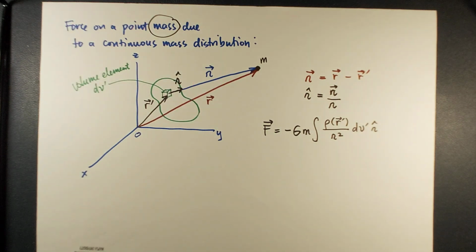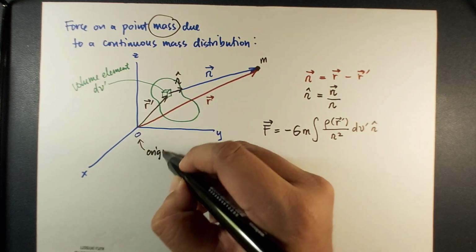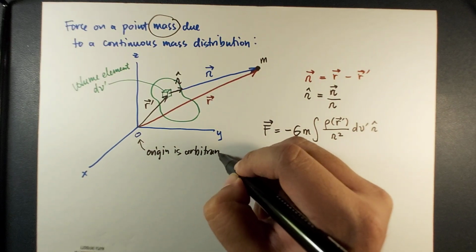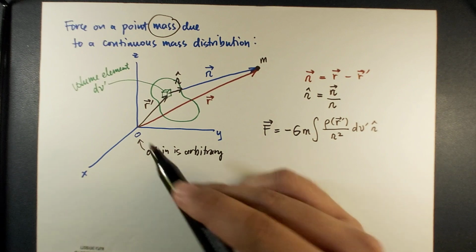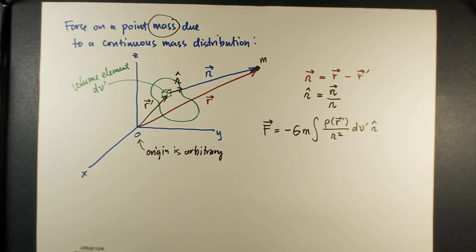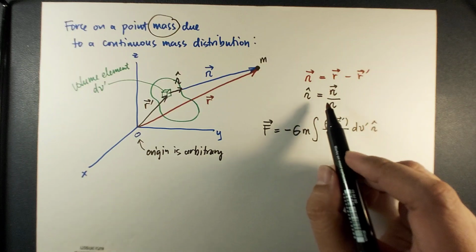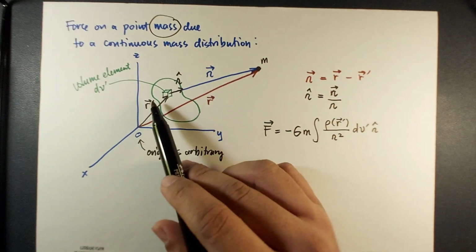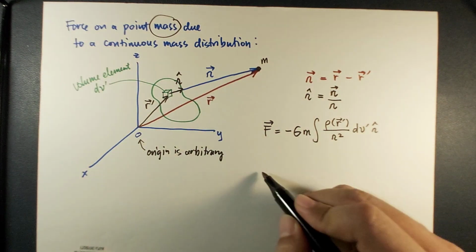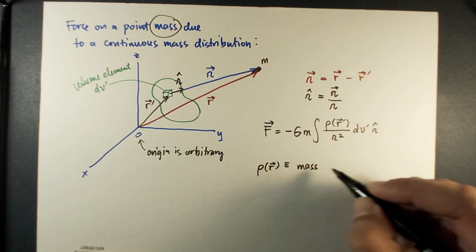Also, we must take note that the origin is arbitrary. So sometimes we're going to put our origin within the volume depending on the situation that we're going to have. So again, our script r hat is the unit vector that points from your volume element dv prime to m. Also, our rho is what we call your mass density.